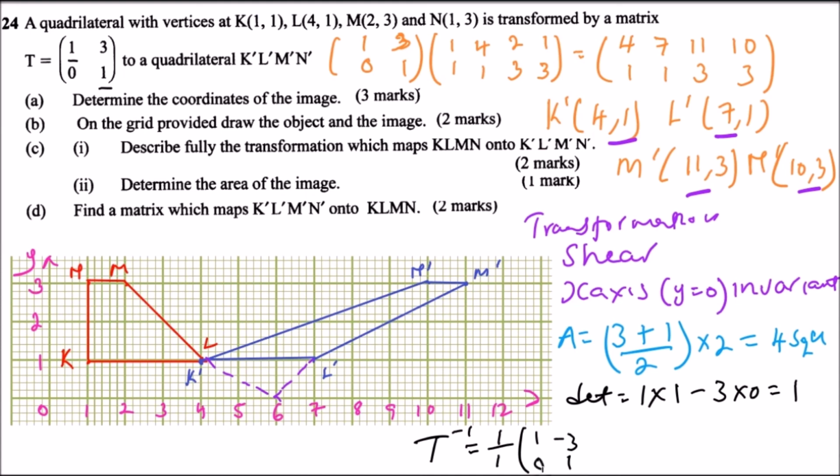Minus 0 is the same as 0, which when you open the bracket, you get 1, minus 3, 0 and 1. So that is a matrix that can map K'L'M'N' onto KLMN, and by doing that you get yourself 2 marks. So that is the whole process that you are supposed to do to get a full score of this question. Let's have a look at how marks are being awarded in this question.